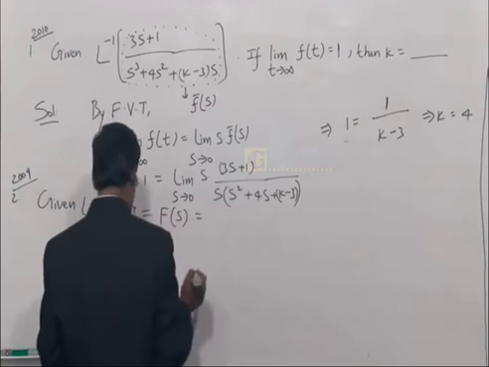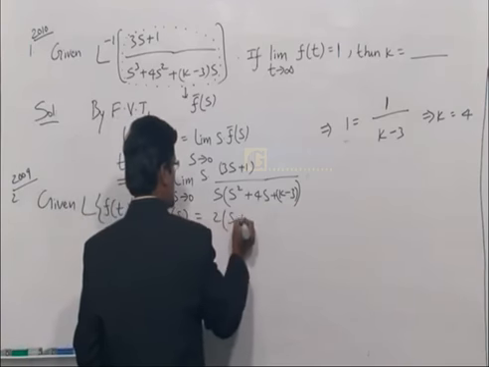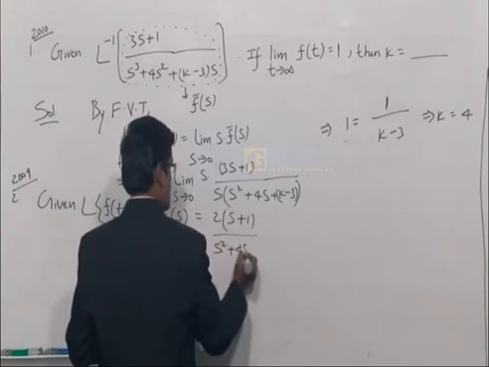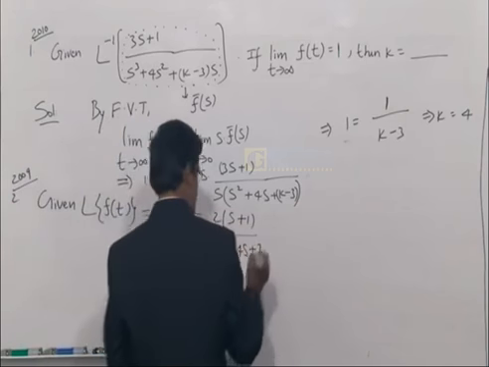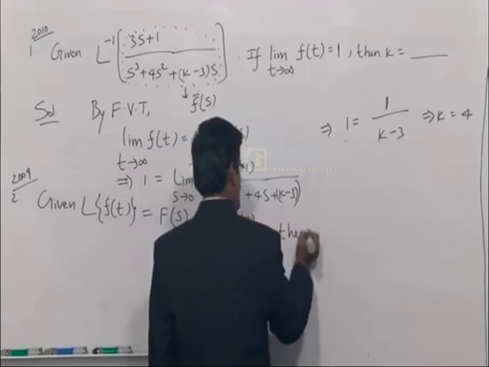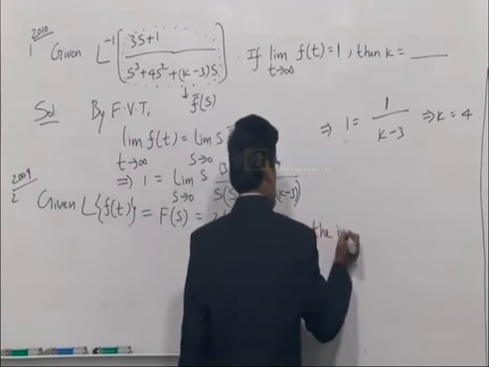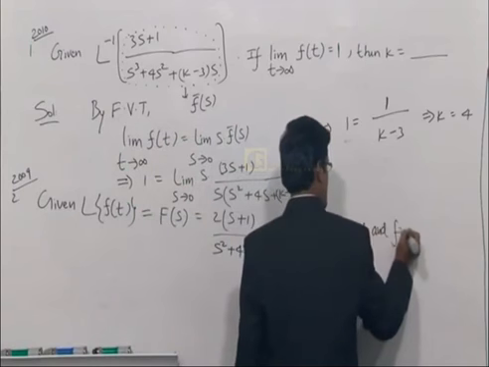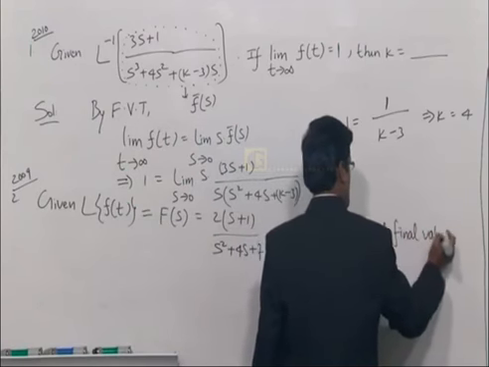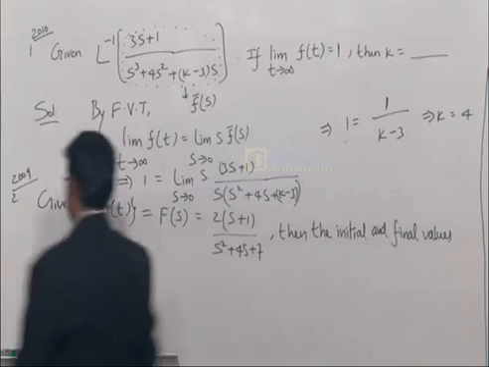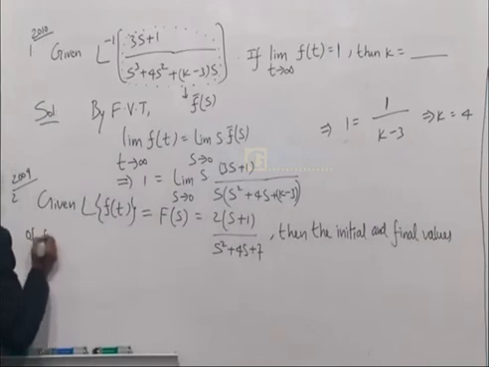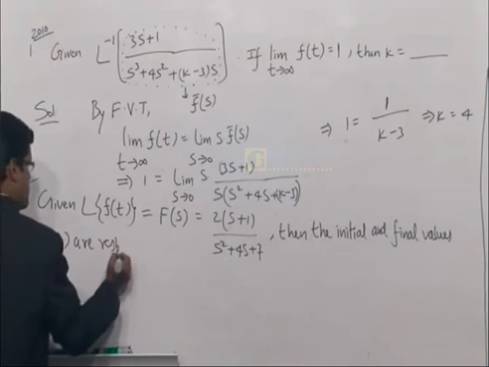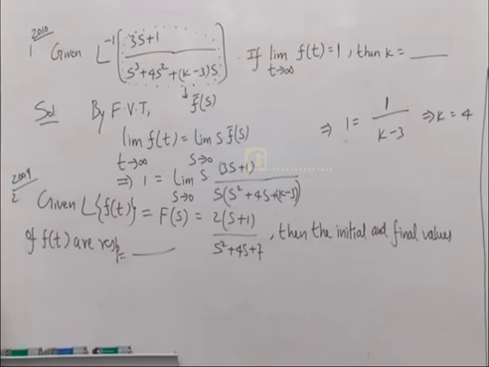Instead of f bar s, it is given as capital F of s. 2 times (s plus 1) divided by (s square plus 4s plus 7). Then the initial and final values of f of t are respectively dash.